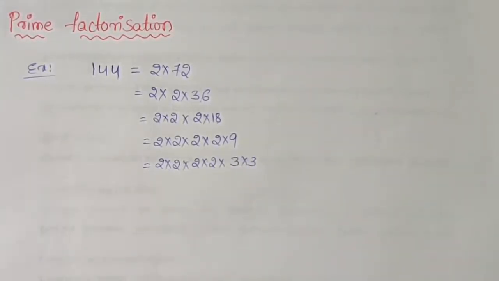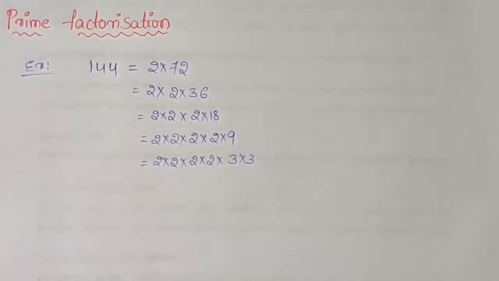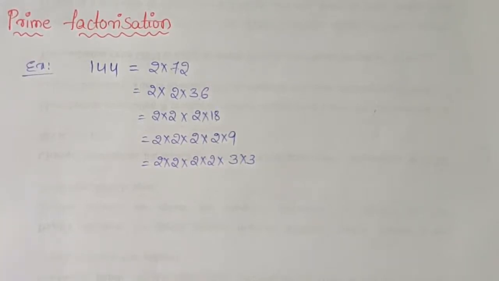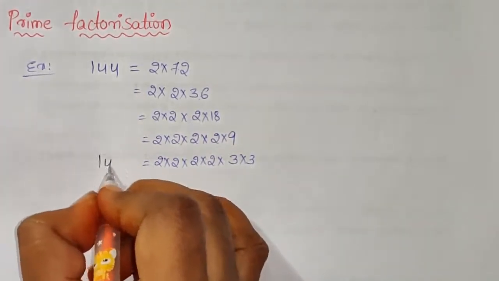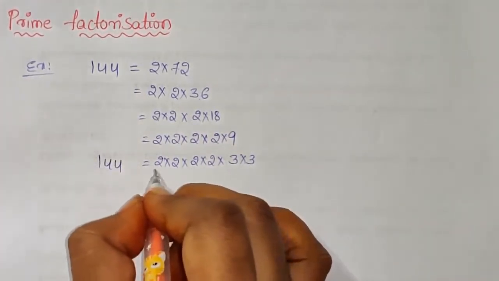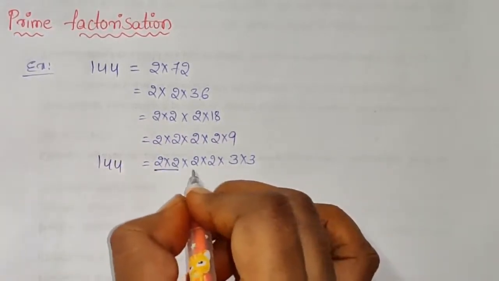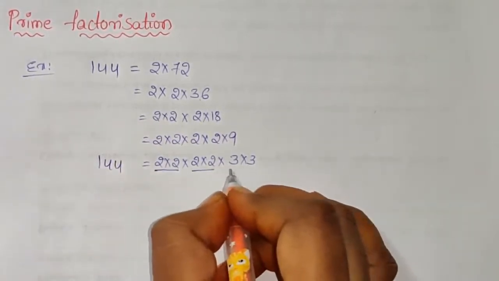Make sure that you start from the smallest prime number and then go to the bigger ones. From this, how can we pair up these factors? Here 2 and 2 is one pair, 2 and 2 another pair, 3 and 3 another pair.